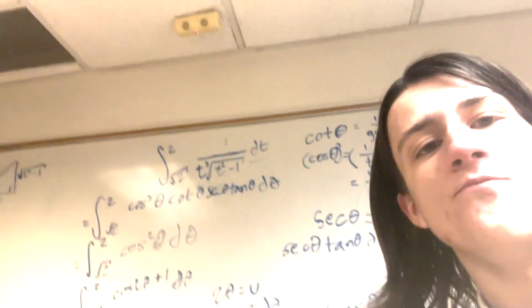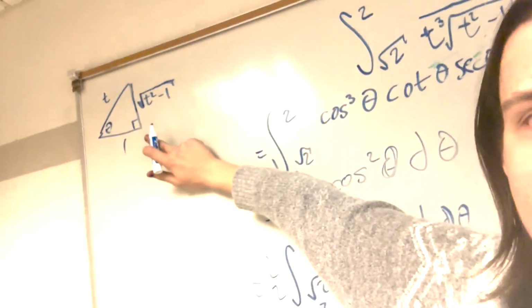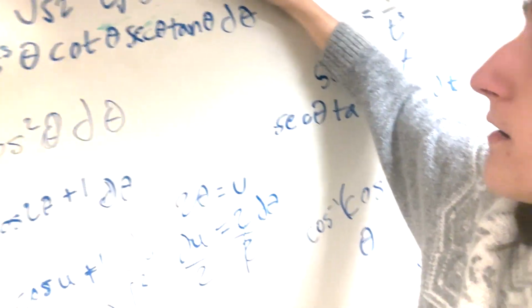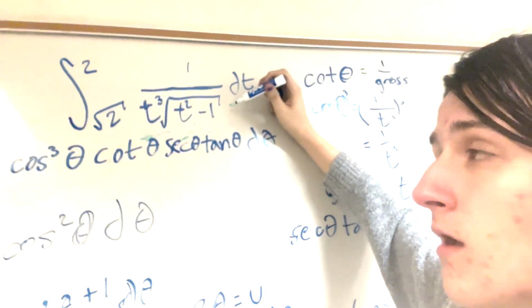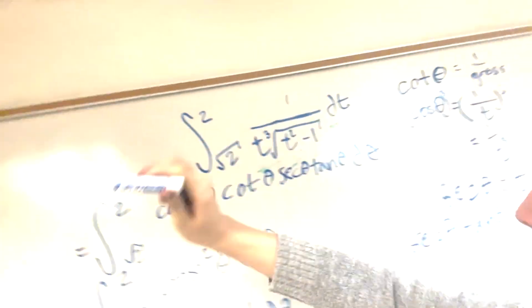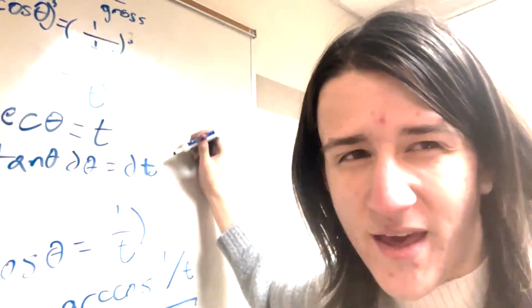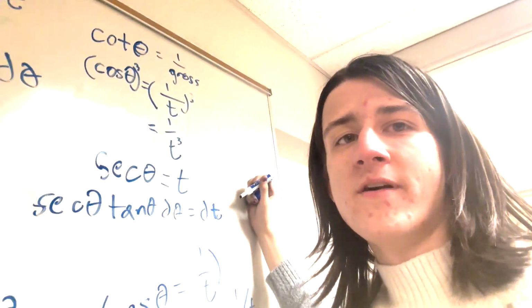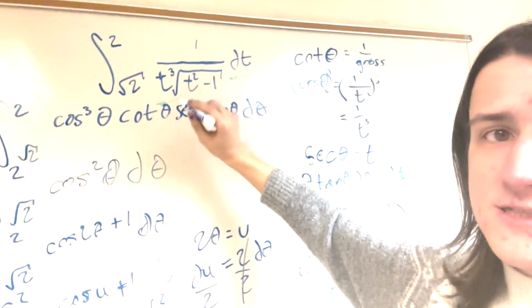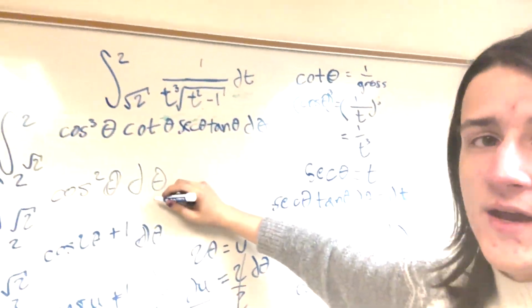Anyway, that's trig sub. Essentially, you have your triangle that you set up using something that looks like this in your integral, and then you'll use this triangle to figure out all the trig terms that you like. Those trig terms end up being something in terms of t, or x, or whatever variable you start with. You plug all those in, which will simplify to something.